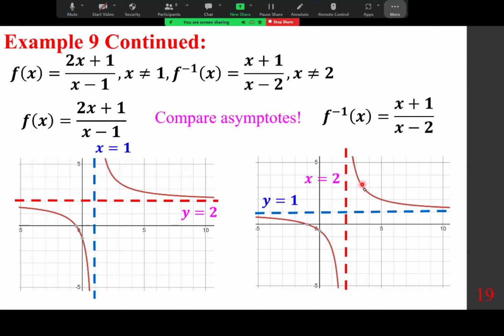And this one, if you set x minus 2 equal to 0, you get x equals 2. So y equals 2 is the horizontal asymptote here, x equals 2 is the vertical asymptote for its inverse. So very straightforward, everybody.